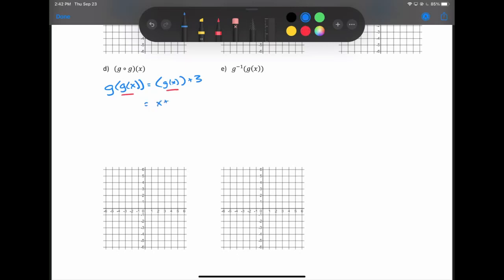And that's just x plus 3 plus 3, which is x plus 6. This is going to be super easy to graph because it's a line moved up 6. So it goes like this because there's no room left on the graph. But it does something like that if we kept going.